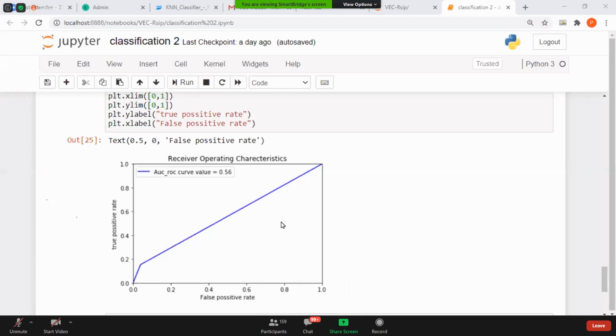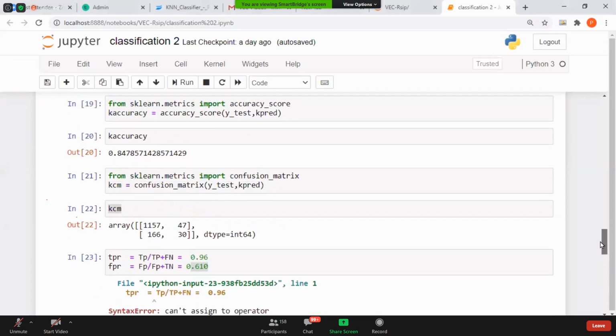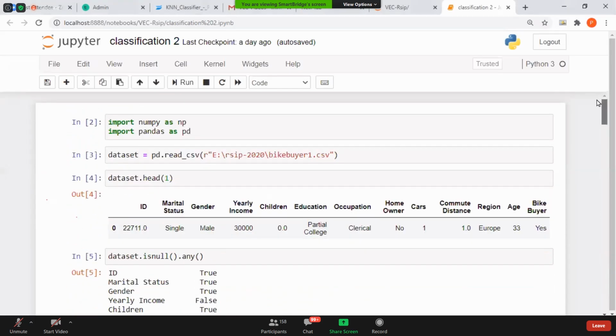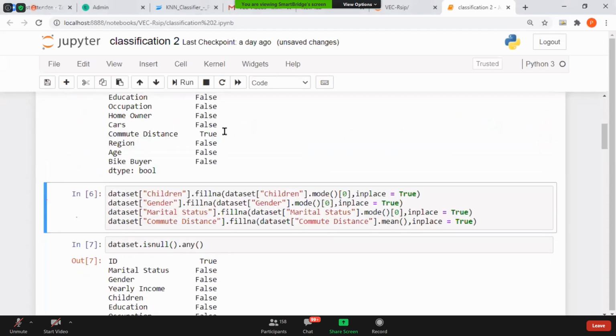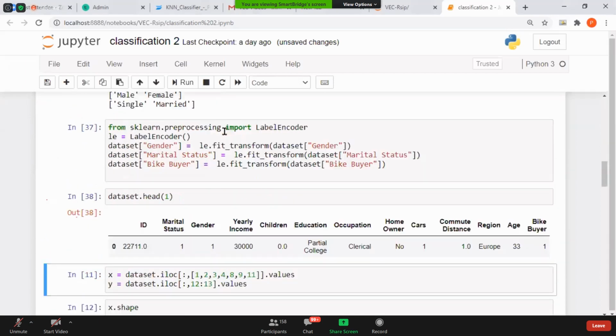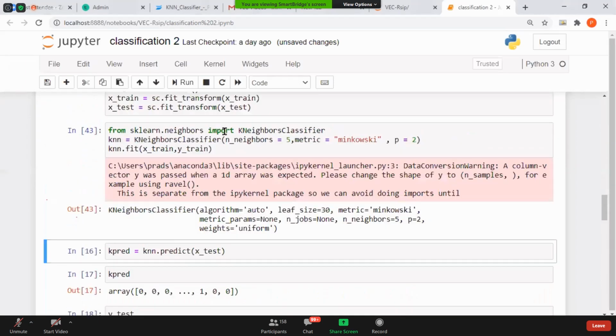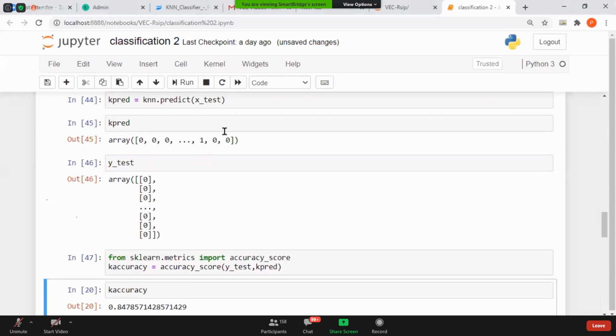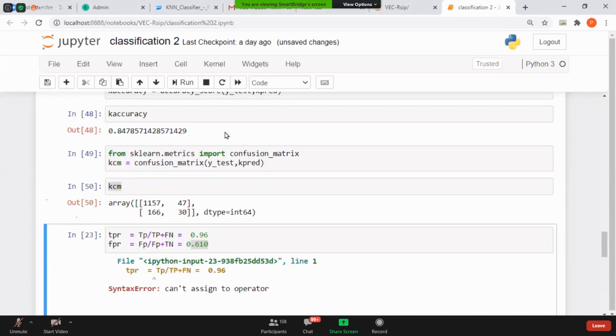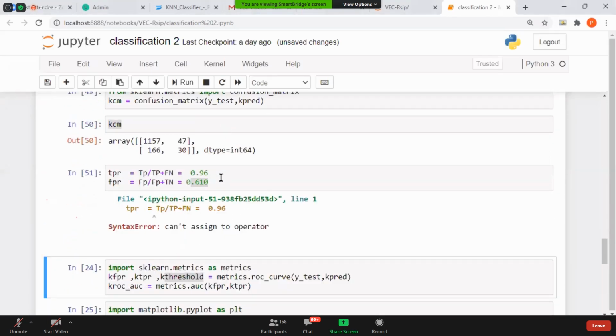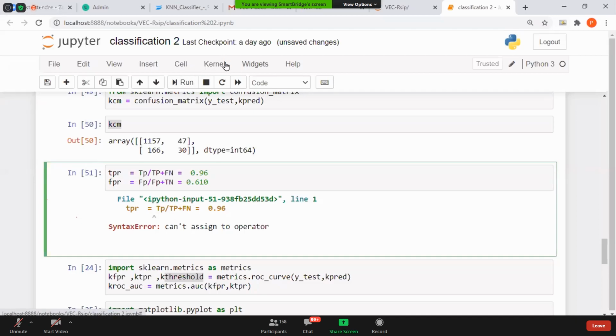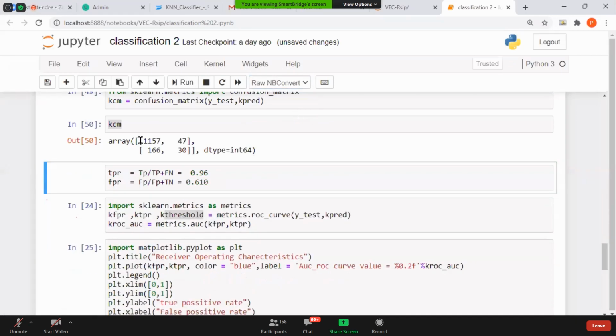Again, I'm telling you. First of all, in yesterday's class, I calculated my confusion matrix. Yes or no? After calculating the confusion matrix, I got the values like this.